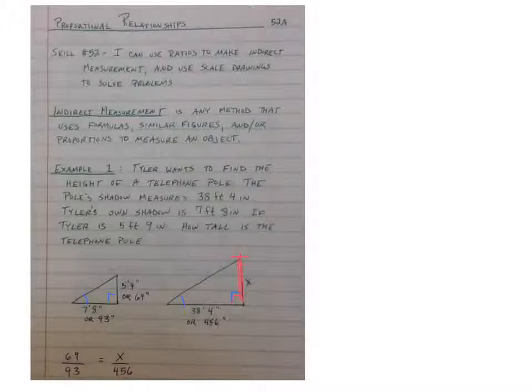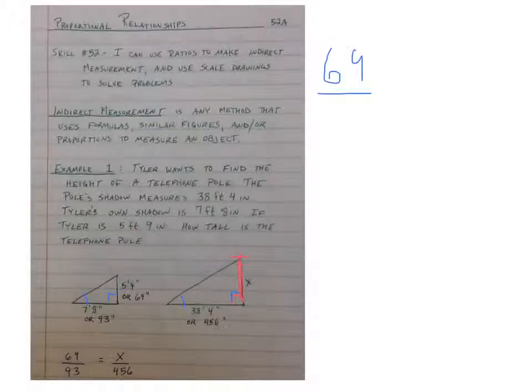Since we have complex units, or basically a unit that is feet and inches, before I did anything I converted everything to inches. And then I set up the proportion, and I have a proportion 69 inches to 93 inches is equal to x inches to 456 inches. From there we can solve.